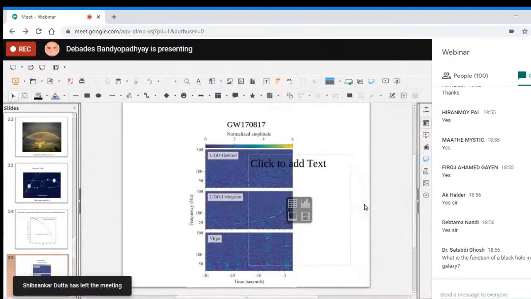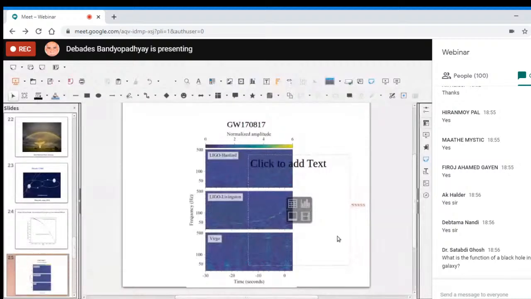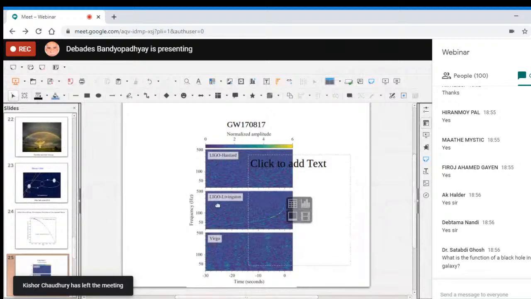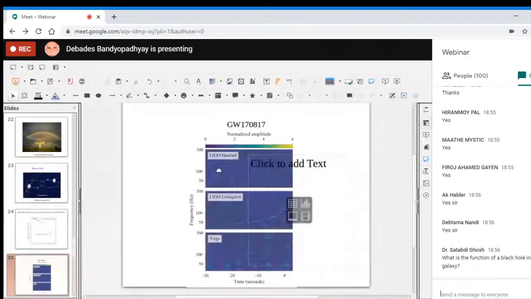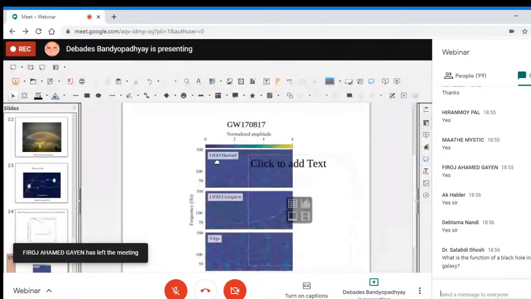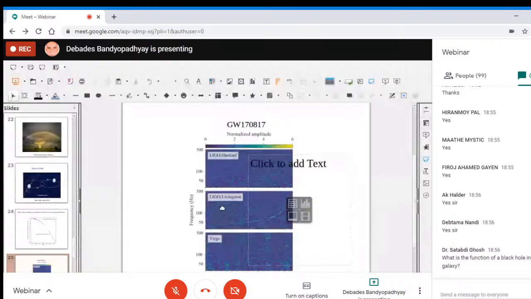So here what you see are three plots actually. On the top and middle you see the two LIGO detectors, one situated at Hanford, another located at Livingston, and the last one at the bottom is Virgo.